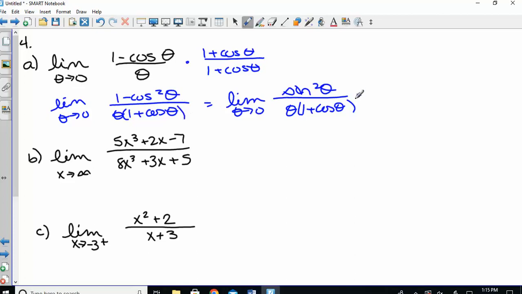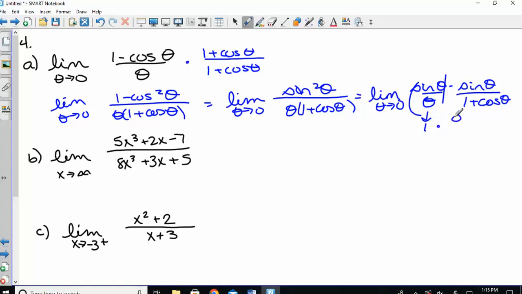Okay, so then we can separate this. So sine squared, that means sine times sine, so that's a theta, 1 plus cosine theta. And we have a theorem that says sine theta over theta is going to go to 1, times sine of 0 is 0, 1 plus cosine of 0 is 1. So we get 1 times 0, which is 0. What do you guys think?